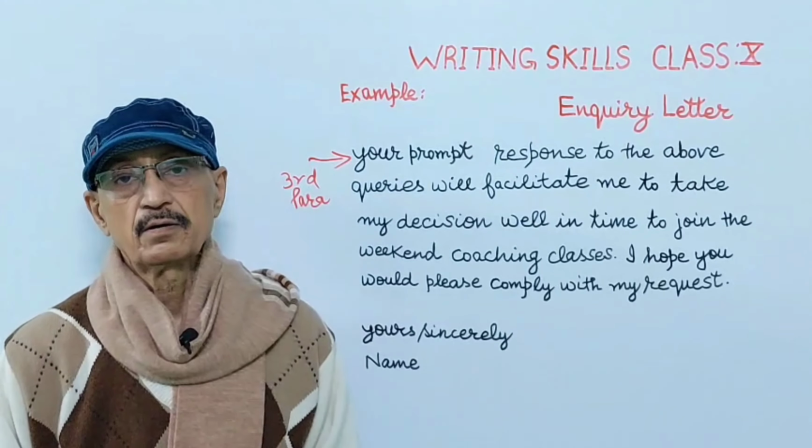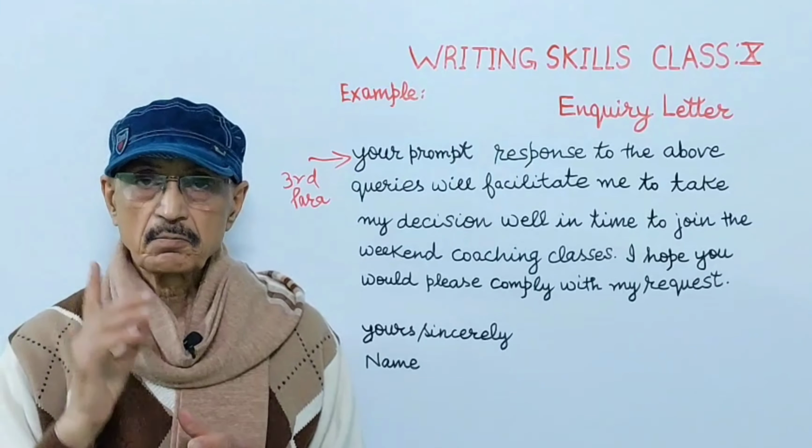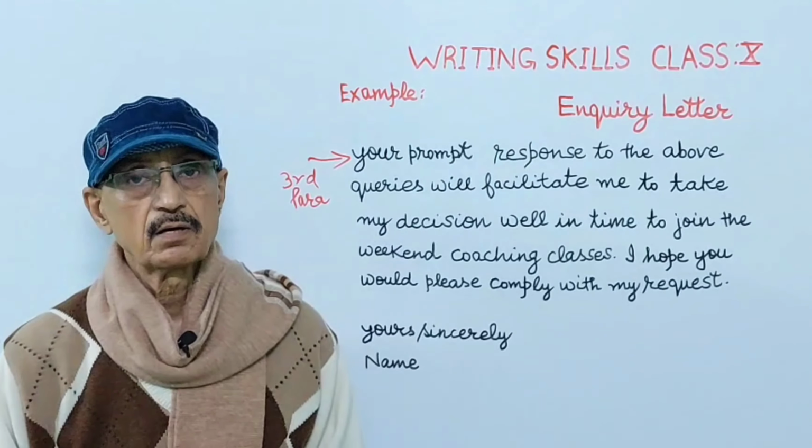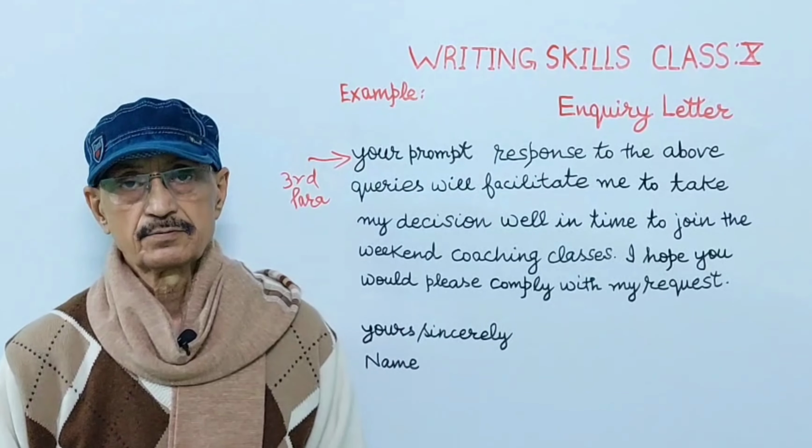In the third para, you will demand an early response to your letter. You will also mention the reason why you want the early response to your letter. When the third para is complete, you will leave one line blank.